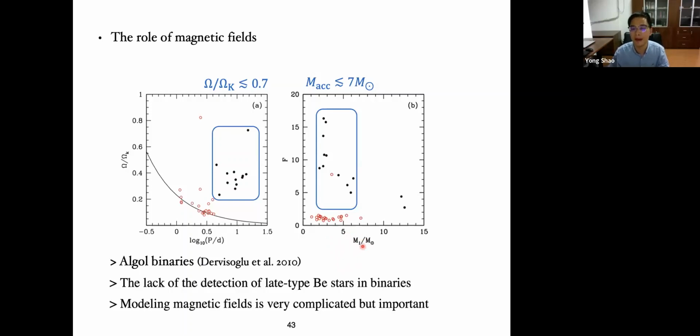M1 is the mass of the accretor, P is the orbital period, and Omega is the angular velocity of the accretor. For these Algol binaries, the black dots, the accretors have a mass of less than about 7 solar masses. They belong to this type of B stars, and their angular velocities have relatively low values.